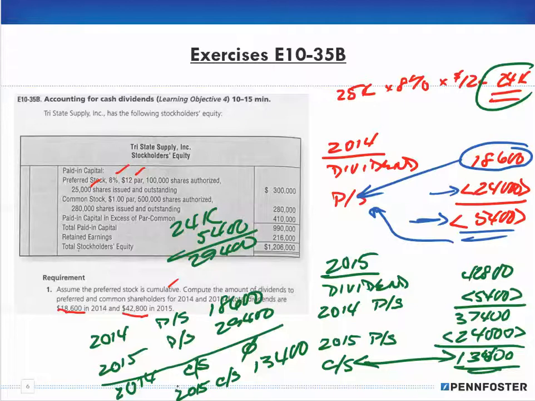Okay. All right. So, watch the video again, work through it, and realize that these situations are going to constantly change, but you have to do enough of the problems in order to get a feel for what to be looking out for. And the understanding of the idea is the same. I mean, preferred gets paid first, and if it's cumulative, anything that's owed to them that they didn't get paid for carries over, right?